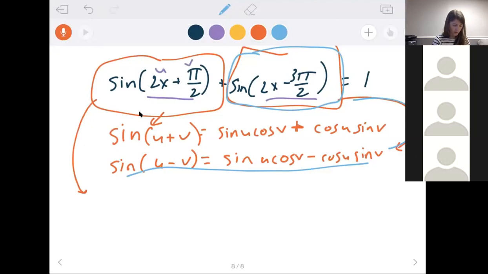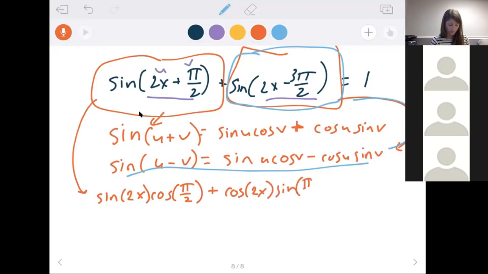So I'm going to write this as sine of 2x cosine pi over 2. And then keep in mind, I'm still using the plus formula, plus cosine 2x sine of pi over 2.